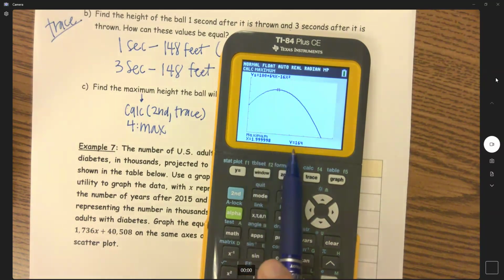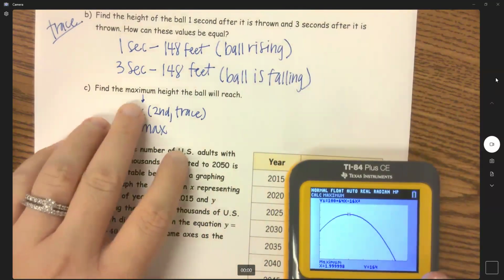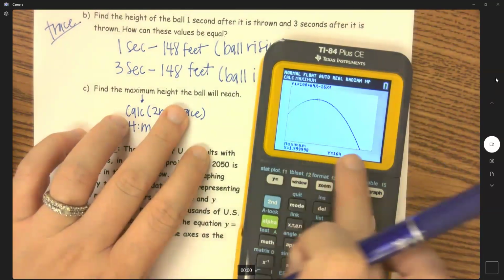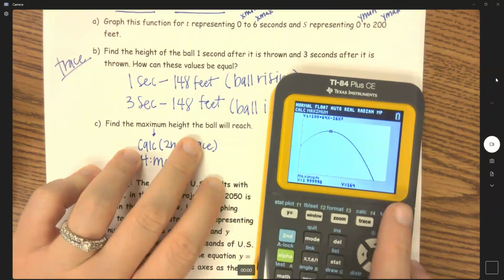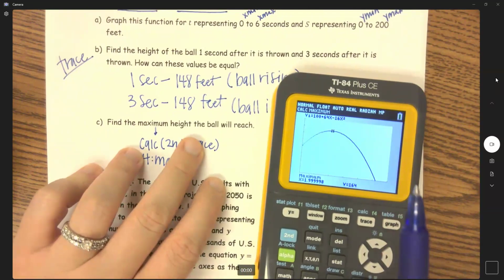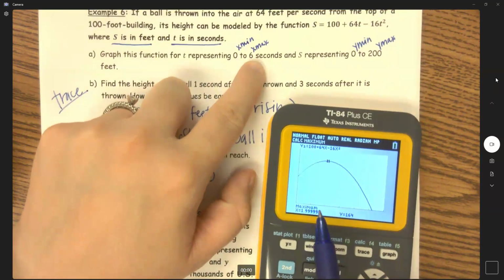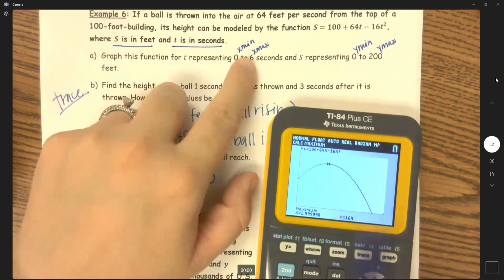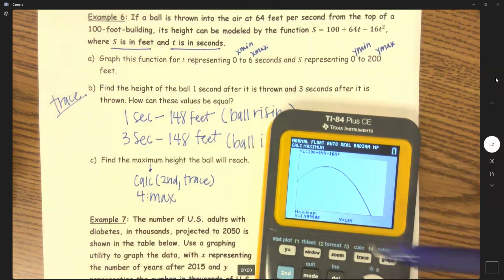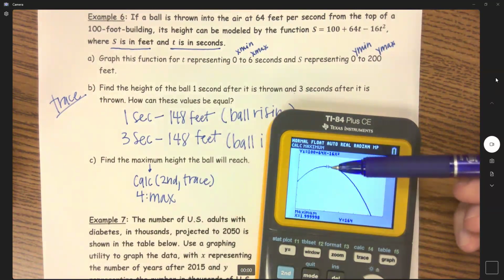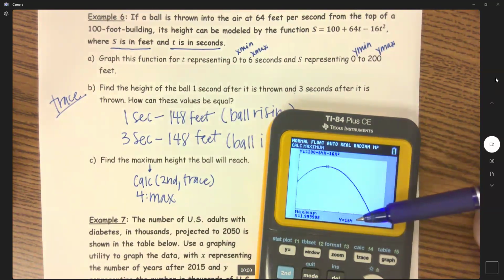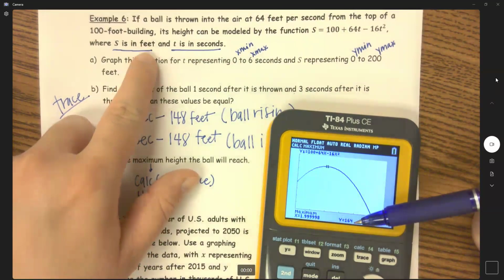So we're at 2, 164. Now, find the maximum height of the ball. Which one of these represents our height? My x or my t is in seconds. So after 2 seconds, my S or my y represents the height in feet. So my height is 164 feet.